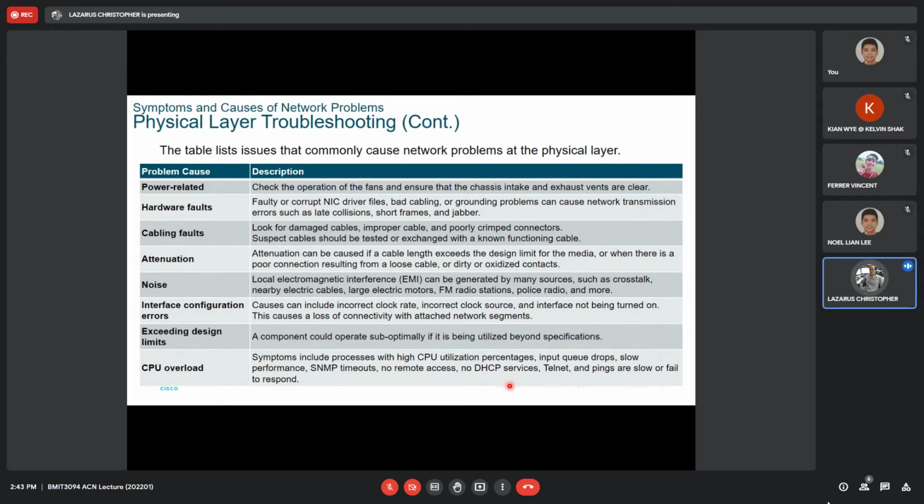Exceeding the design limit means you push it to the maximum capability of that particular component, right? So for example, I can think about my processor.